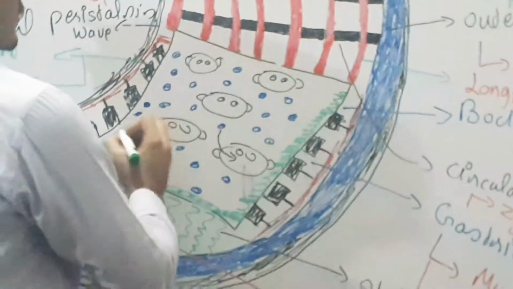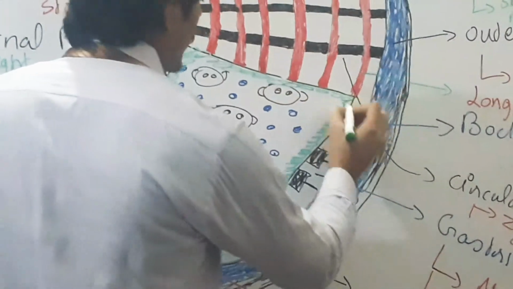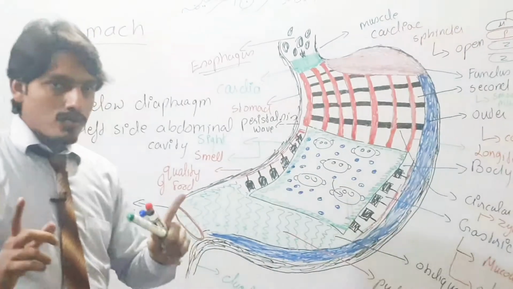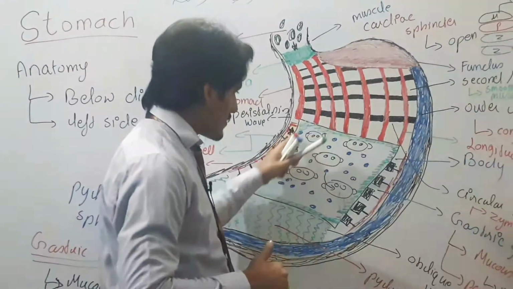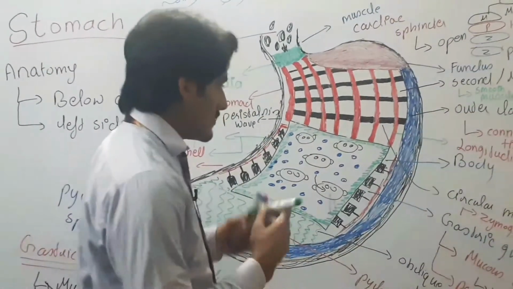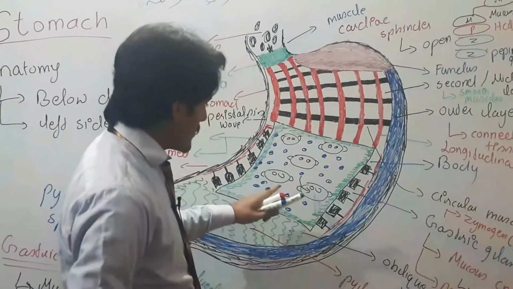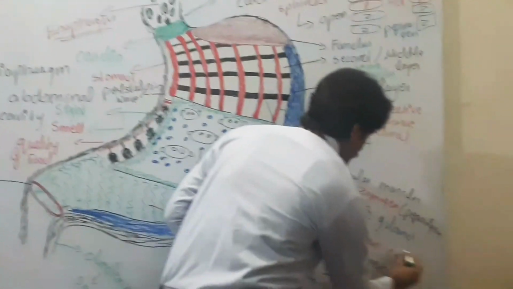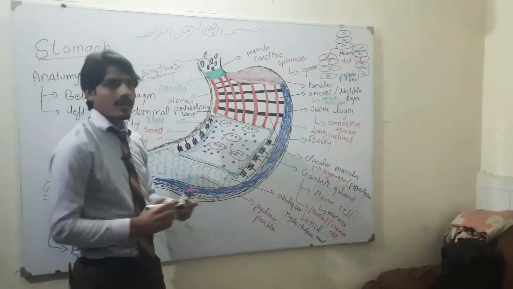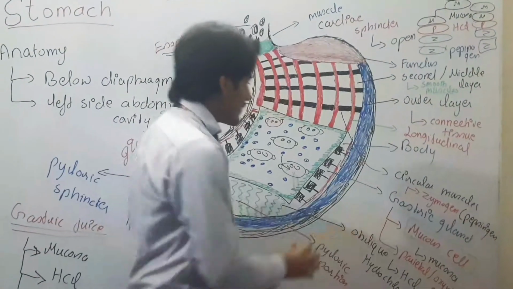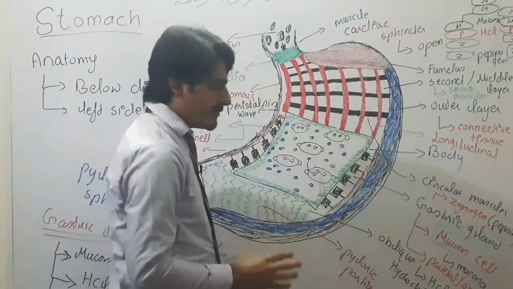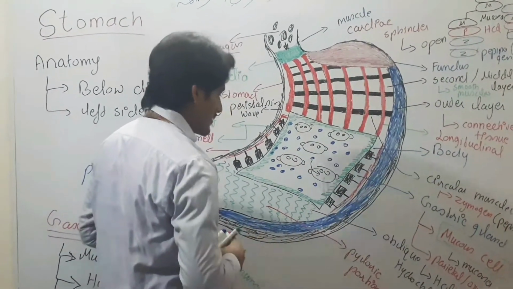First of all the mucus lines the inner stomach wall to prevent the stomach wall from being digested. The mucous cell lining the inner stomach wall prevents it from being digested.